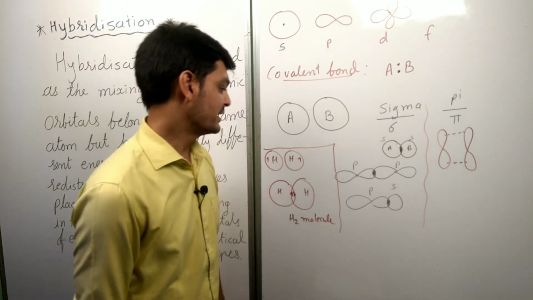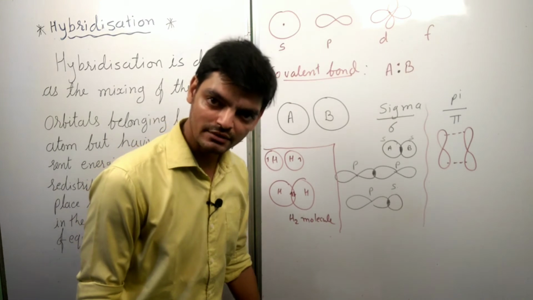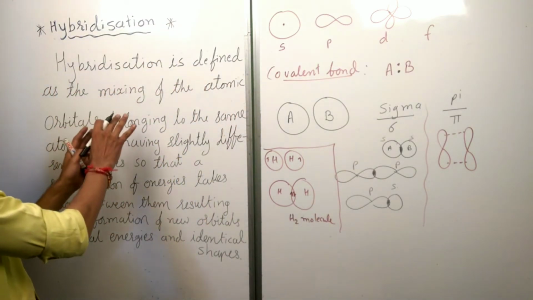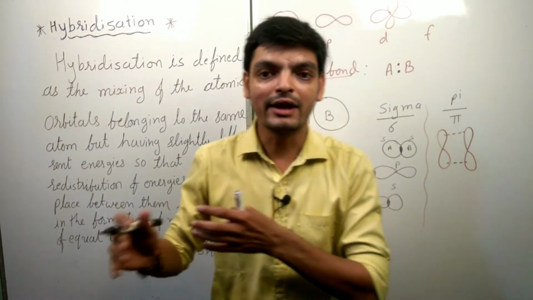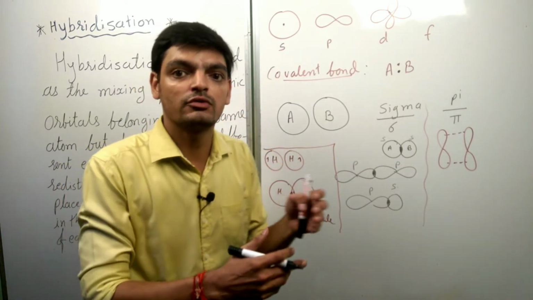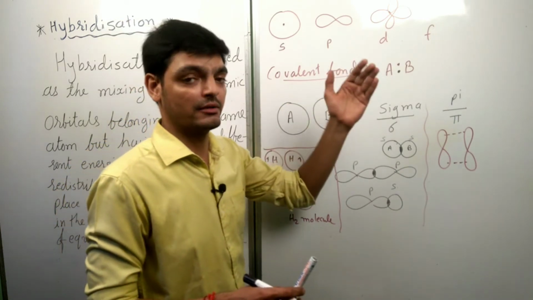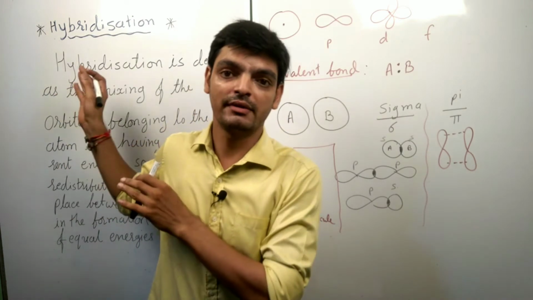Just like that, in other molecules so many covalent bonds are forming, but today we need to understand what hybridization is. So when an atom is trying to complete its octet by forming a covalent bond or ionic bond, but we are discussing the covalent bond, we want to discuss hybridization.